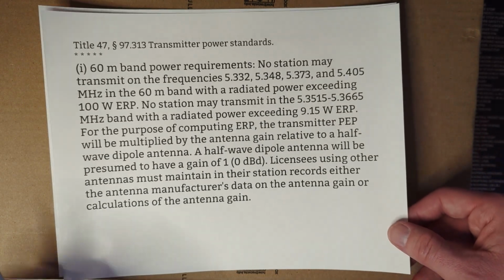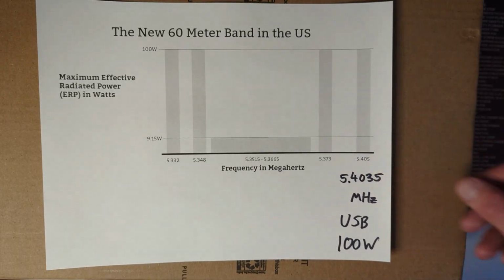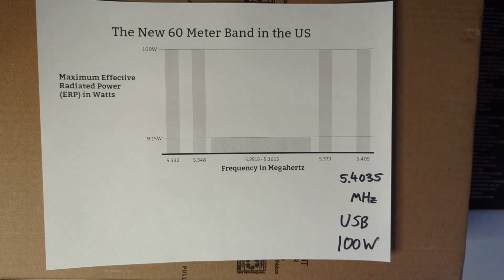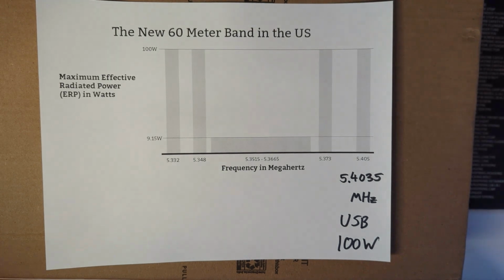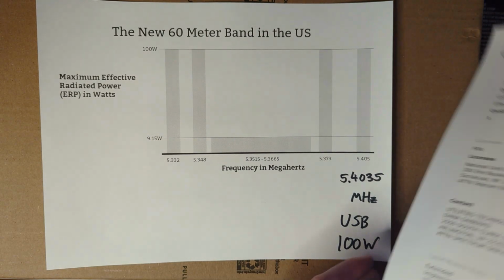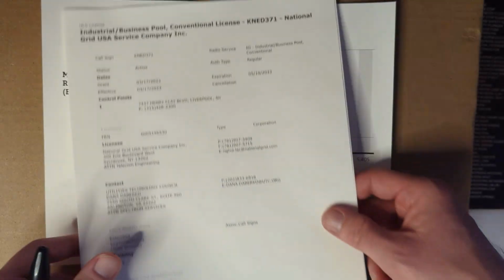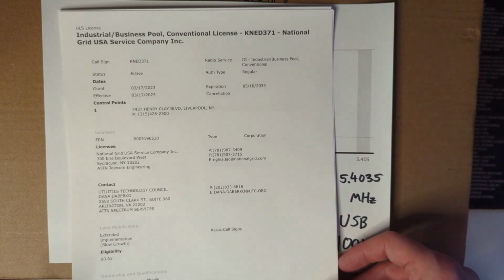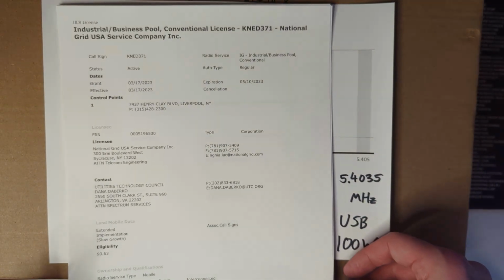We are secondary users. This can go away if people abuse it. It's also worth noting that in addition to the FCC being involved here, the National Telecommunications and Information Administration is involved in regulating a lot of this, because there are a ton of users inside the 60-meter band. For instance, I pulled some licenses online.